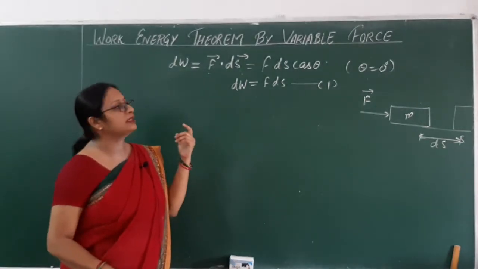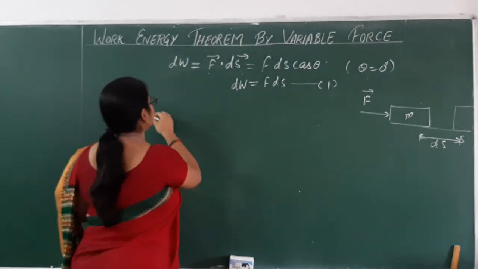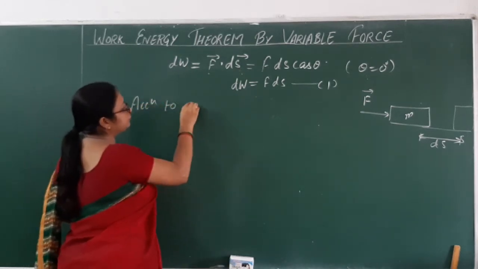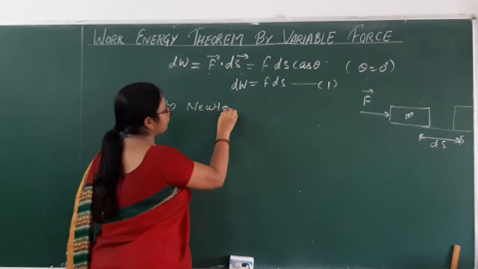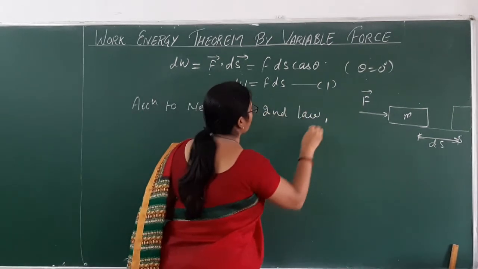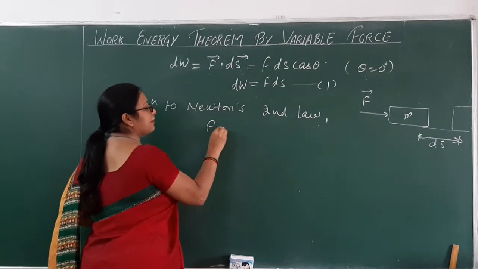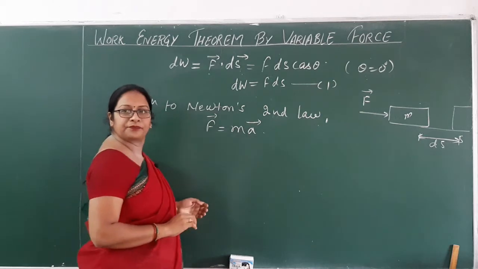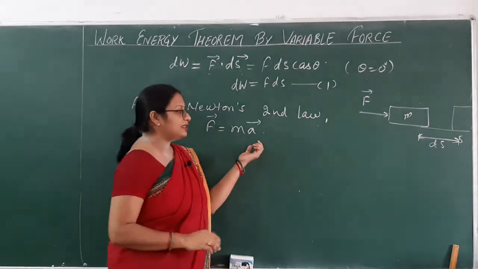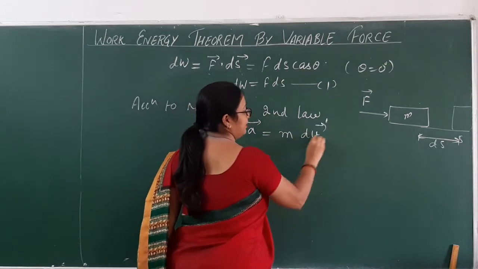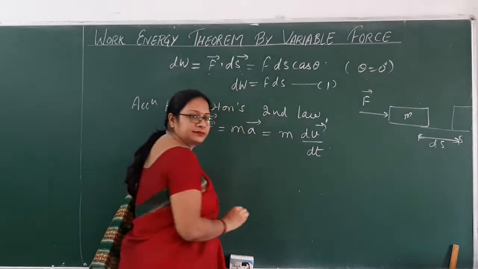Now children, according to Newton's second law, F is equal to ma, and this a will be dV by dt.